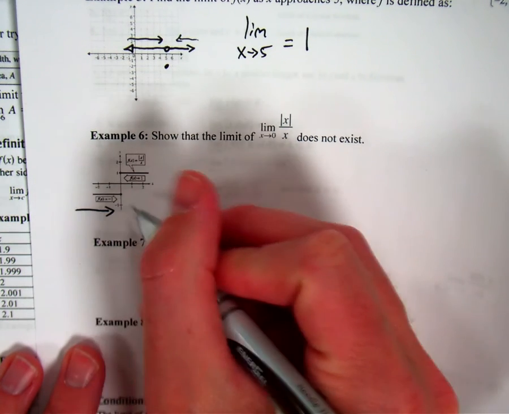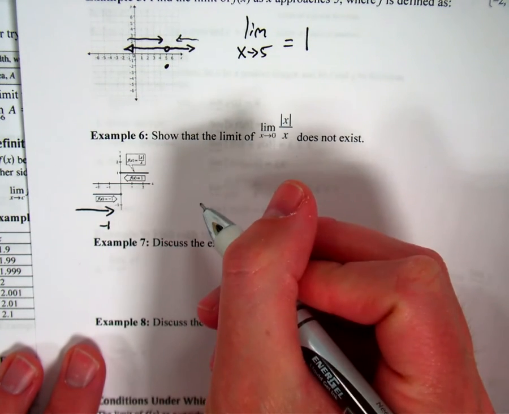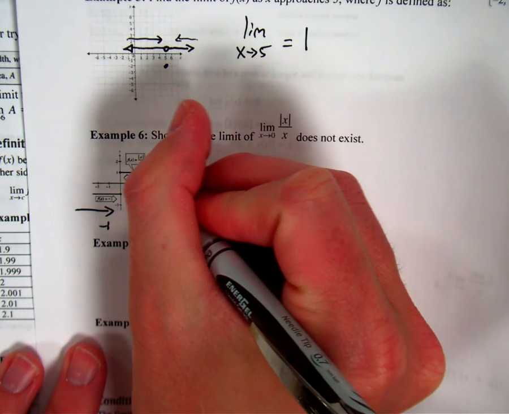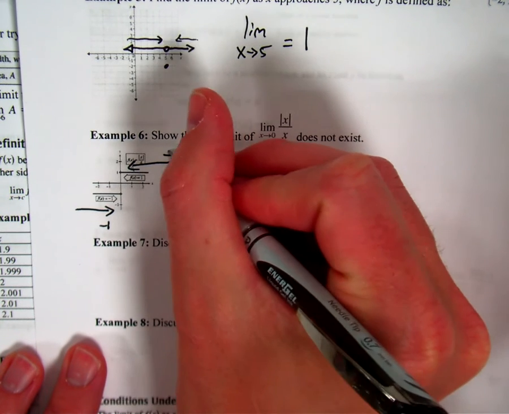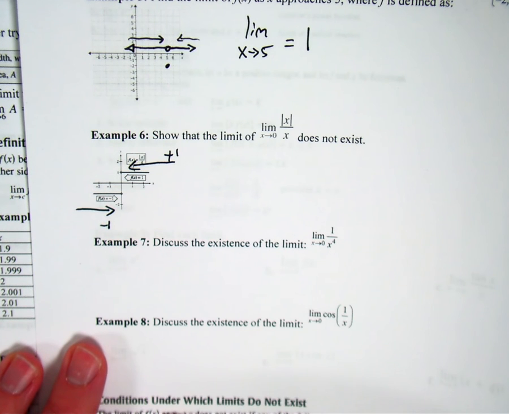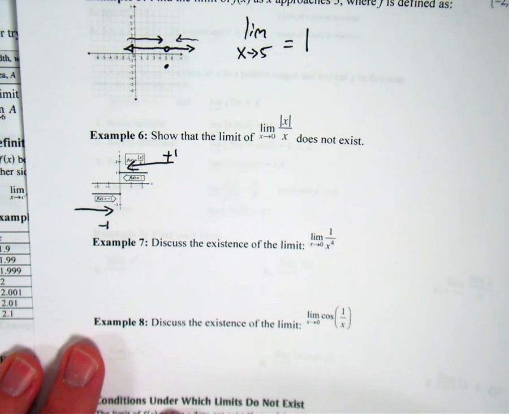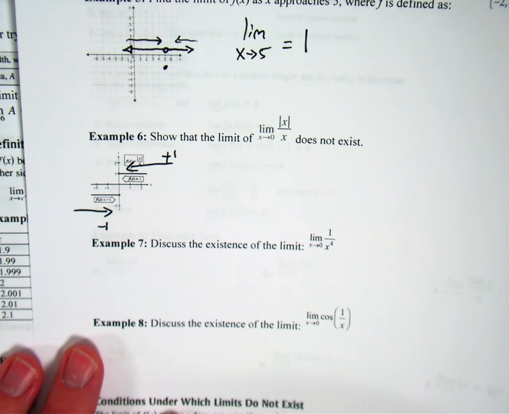So coming in from the left, it's -1. Coming in from the right, it's +1. And they don't match up. We're not converging on one value. We're not approaching the same value from both sides. So we are not going to have a limit.